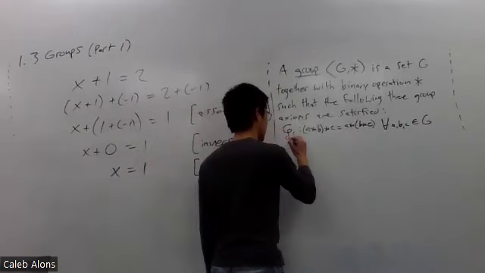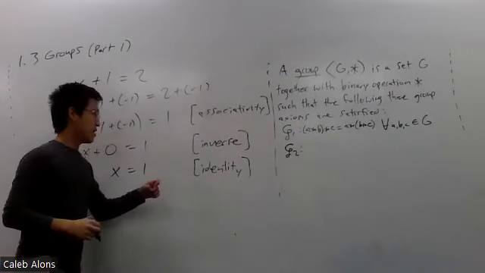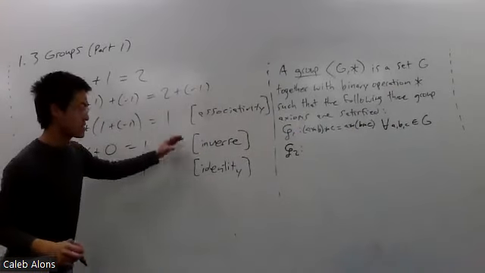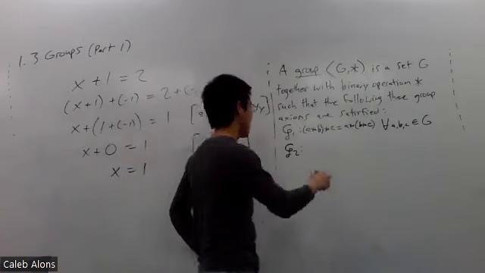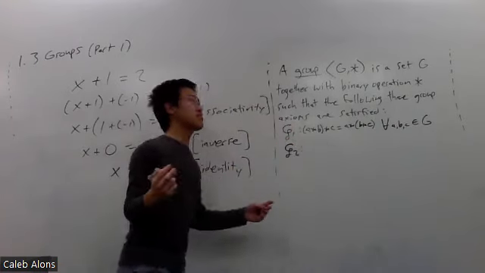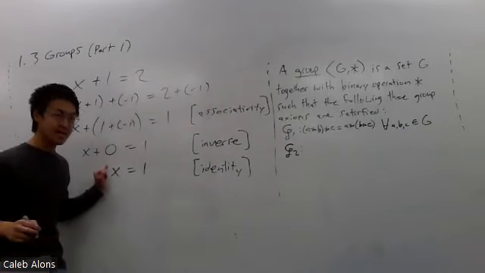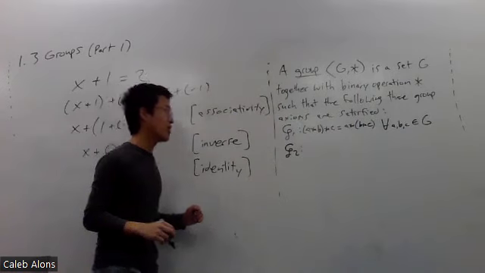And then the second group axiom is actually identity. Inverse is the third axiom. For identity, the way we're going to make this statement is we're saying there needs to exist an element that we call the identity, and the identity is going to have a specific property.